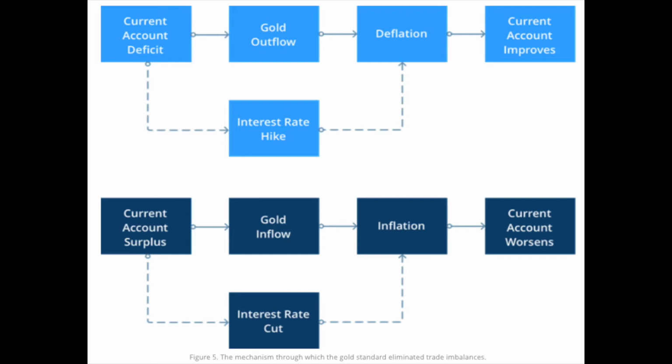So if you have a current account deficit, that means that you are importing more than you're exporting, right? So in that regard, you're consuming more than you're producing. And so net, as you can imagine, that would create an outflow of gold if you're paying for more than you are producing and selling.